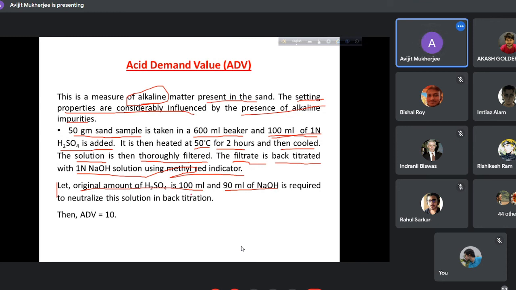So say to neutralize this 100 milliliter of sulfuric acid, we require 90 milliliter of NaOH. Then ADV is given by 100 minus 90, which is 10. If say 85 is needed, then ADV is 15. If 95 is needed, then ADV is 5 and so on.